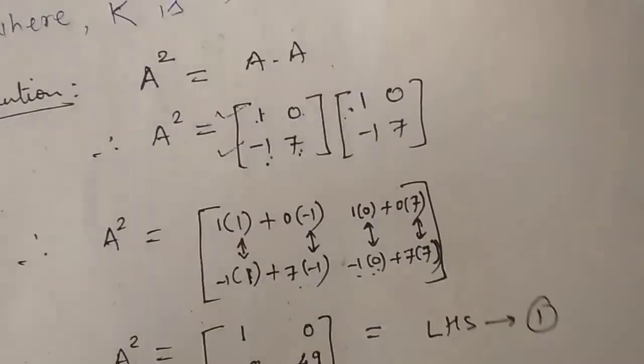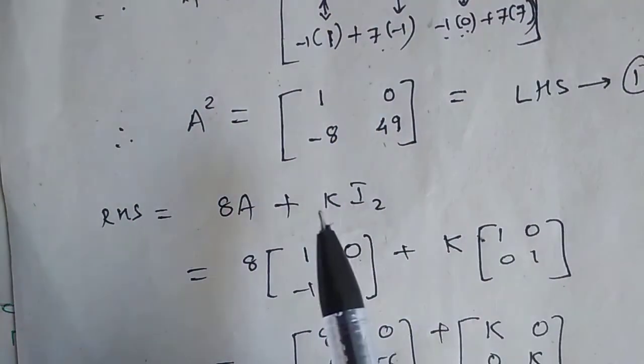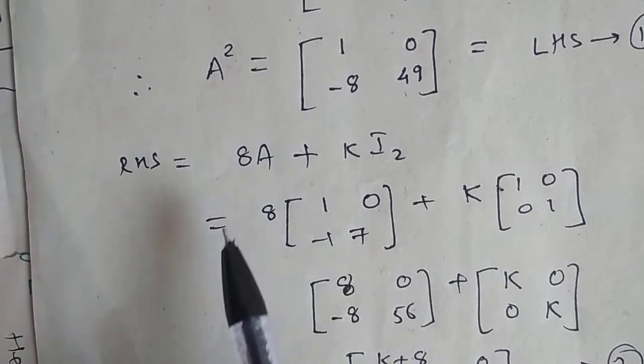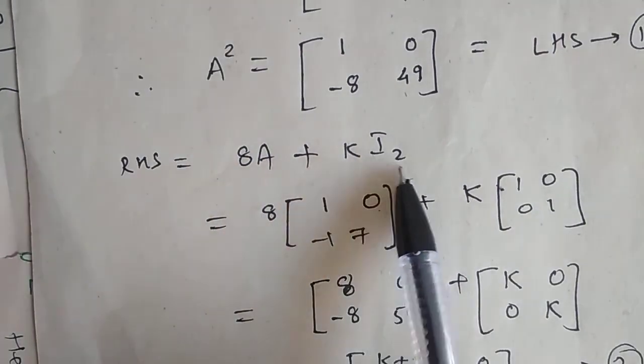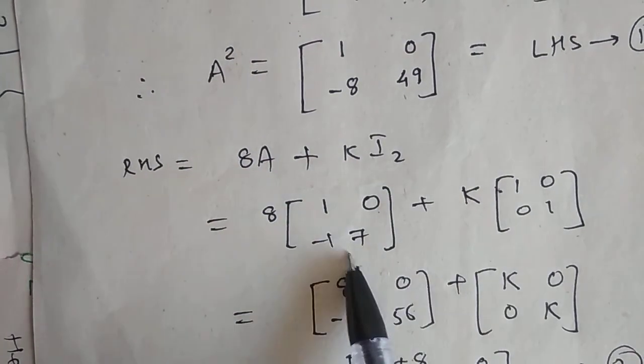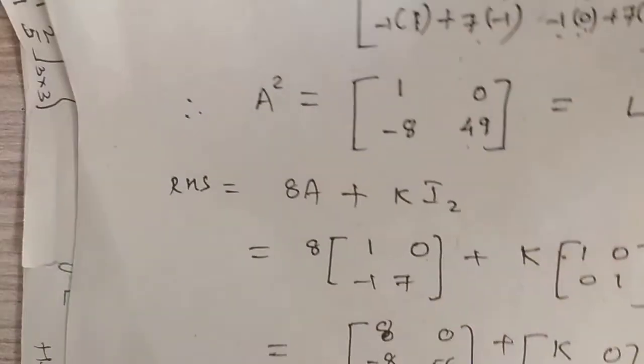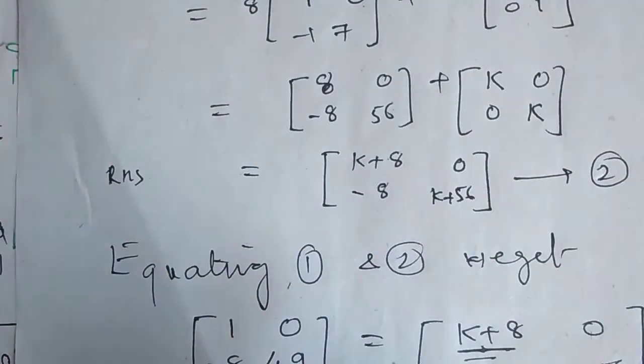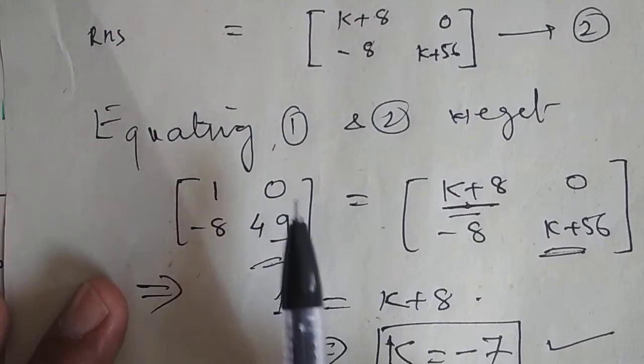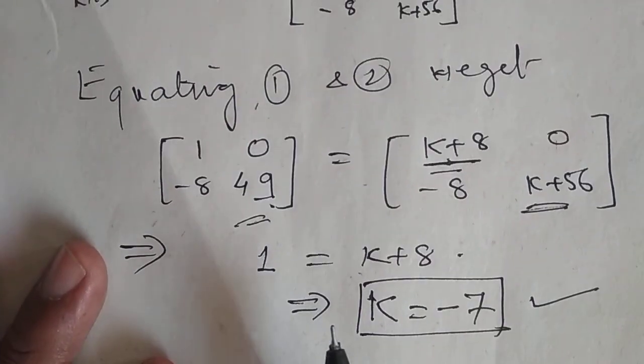Then we got A squared. After getting A squared, we calculated the right hand side, 8A plus k times I2, 8 times this and k times this. Then we calculated the value of k by equating both sides, and this is how we obtained the value of k.